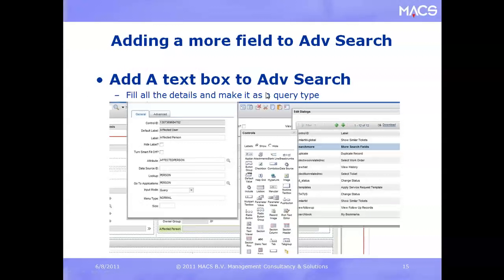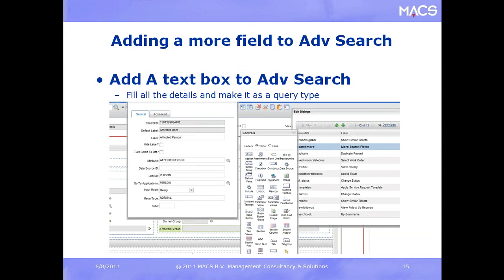Okay, so the next lesson is how do we add a search more field in the advanced search. You have multiple options available in Maximo to search in an application for the data, and there are multiple times where you want to add more fields to the advanced search dialog box.